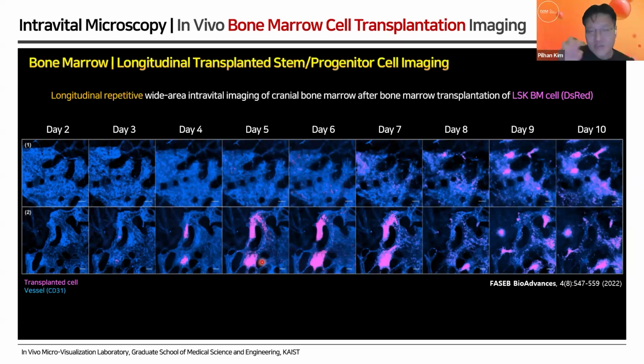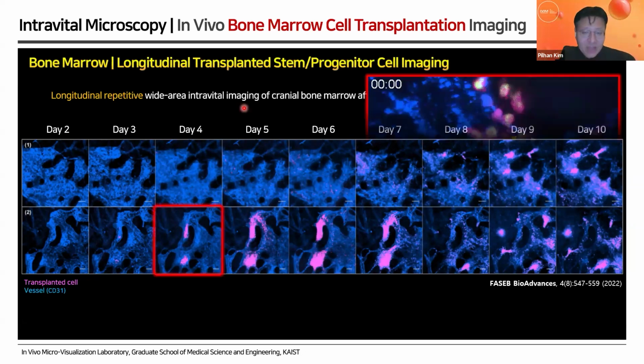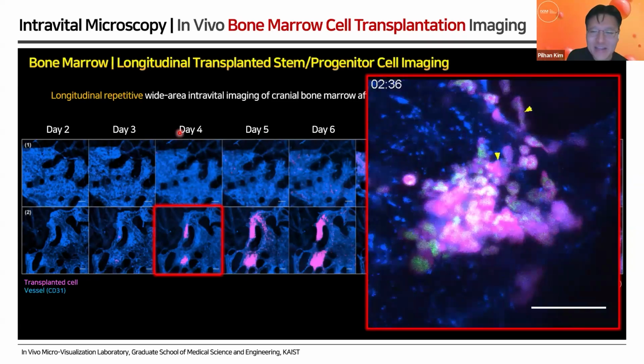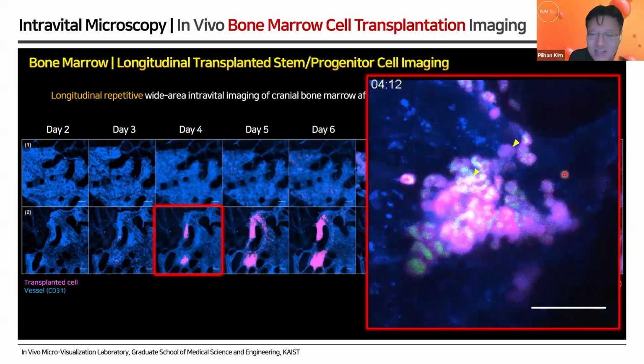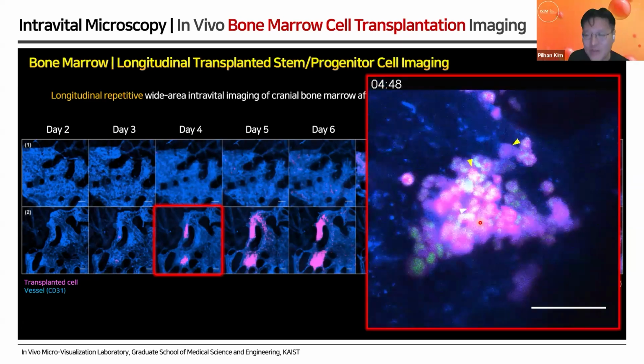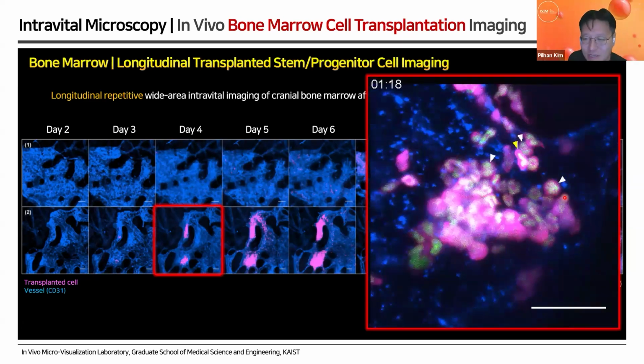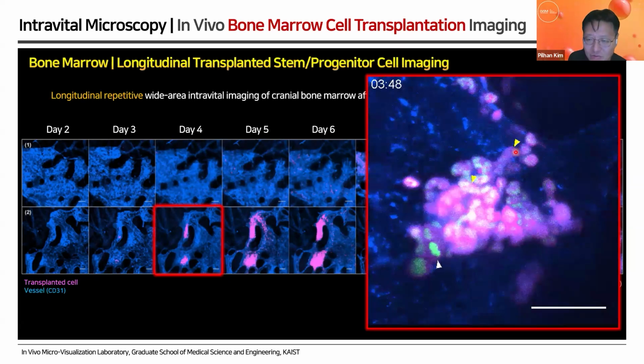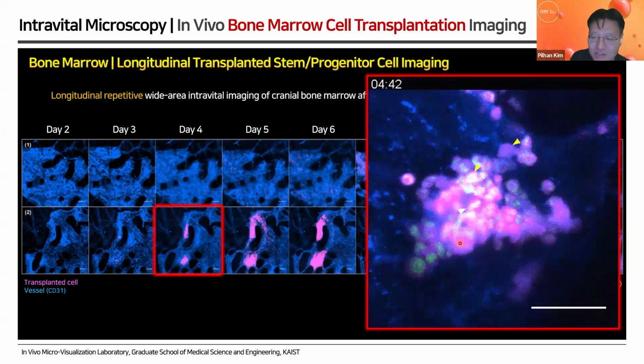So this is one good example of what you can obtain by longitudinal repetitive intravital imaging to track this cellular level process in the live animal model. Of course, at any time point we can further zoom in, distinguish individual cells, and observe their behavior. So here you can see the cell proliferation, and also cell movement, recruited into these niche areas.